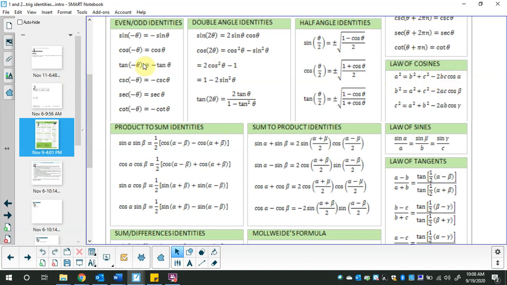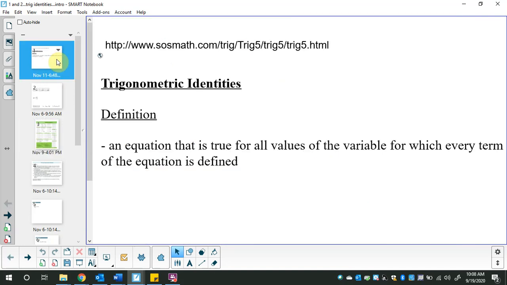That's always true. Basically, trig identities are statements that are always true and include trig. So either sine ratio, cos ratio, tan ratio, cosecant, secant, or cotangent. So we build all of those into it.